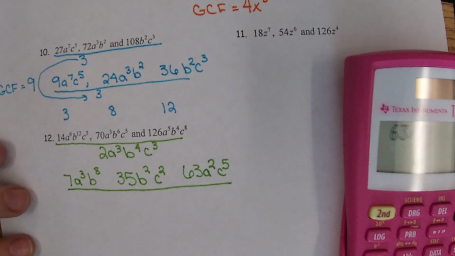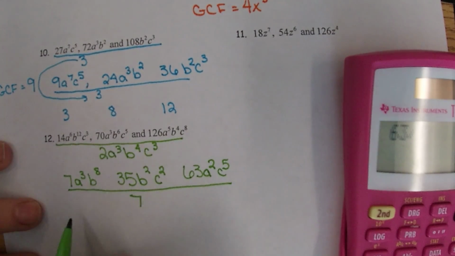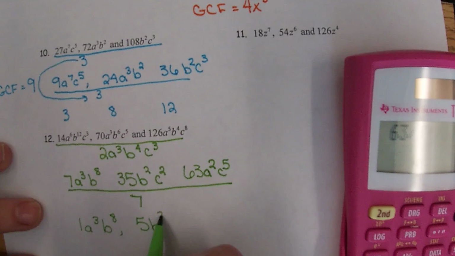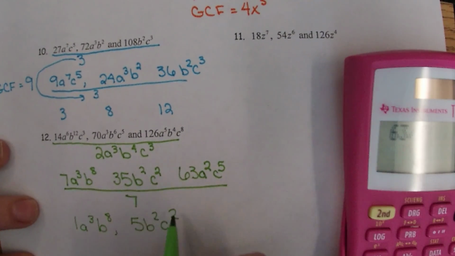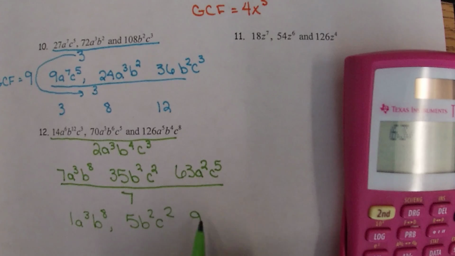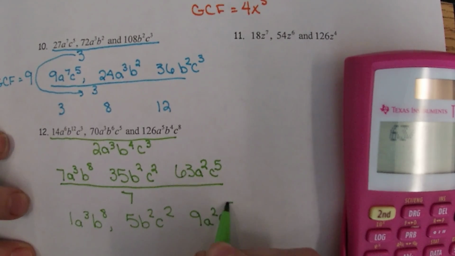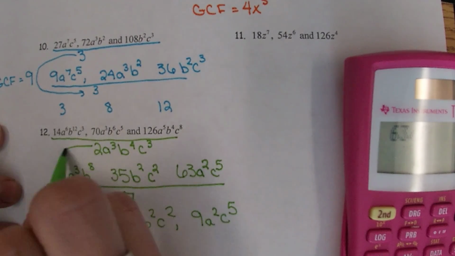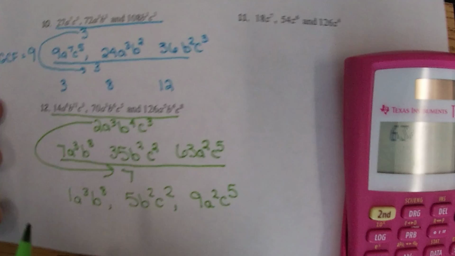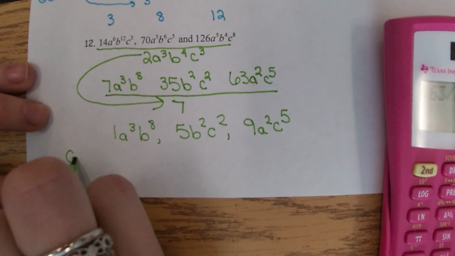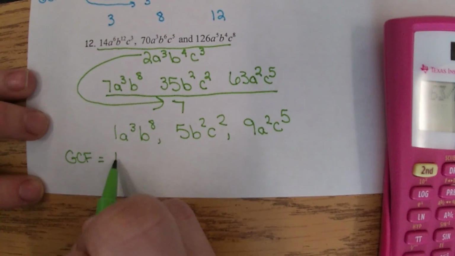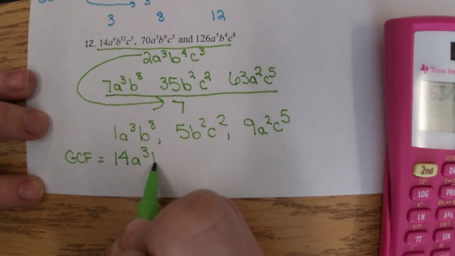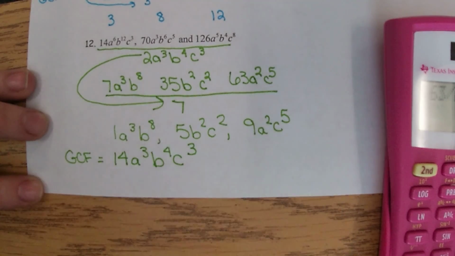As long as we took care of the variables to start with, we don't need to deal with those again. 7 divided by 7 is 1. 35 divided by 7 is 5. 63 divided by 7 was 9. 1, 5, and 9, nothing will go there, so we need to multiply. So our GCF will equal 14, a to the third, b to the fourth, c to the third.